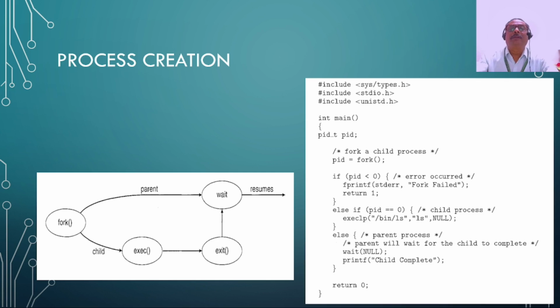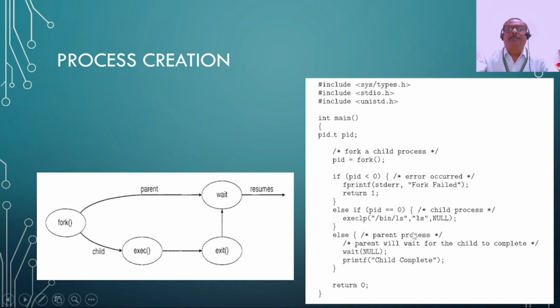The same code is run two times separately, just a copy of that is run separately. One is called parent process, the other is called child process, and the same code has to be used, and they should do different actions. So to make sure that different actions are done, PID comes to our aid.